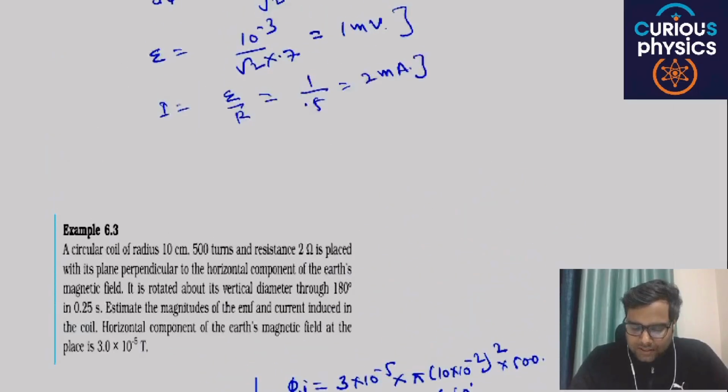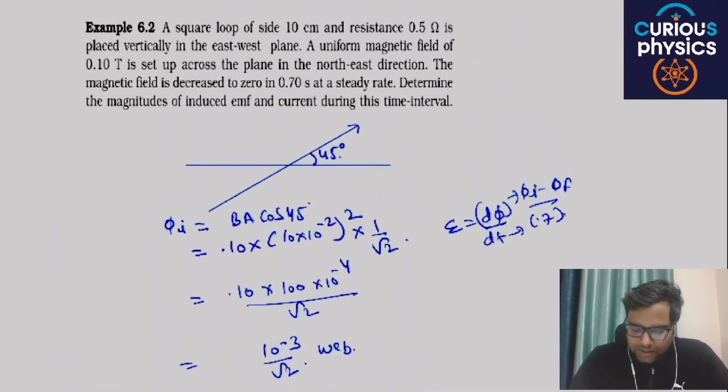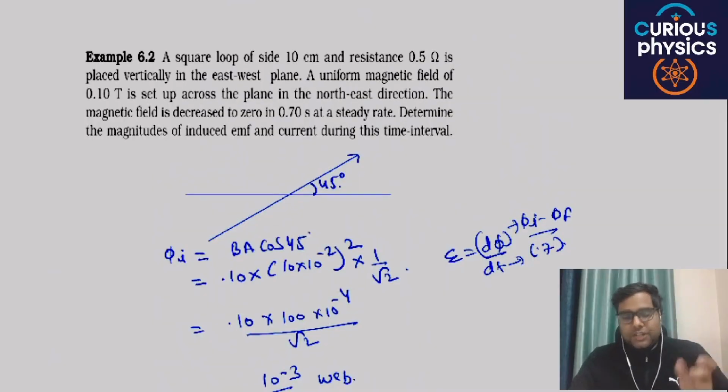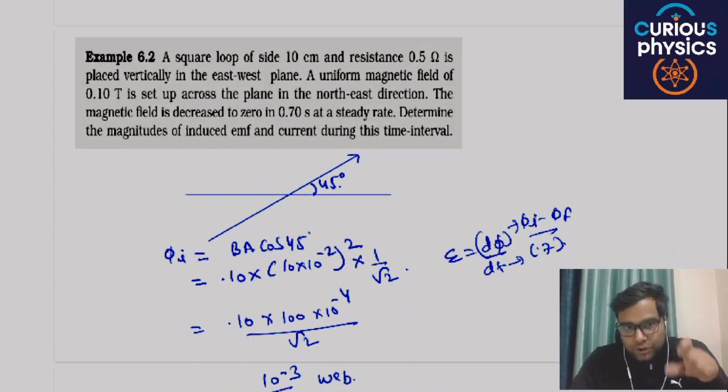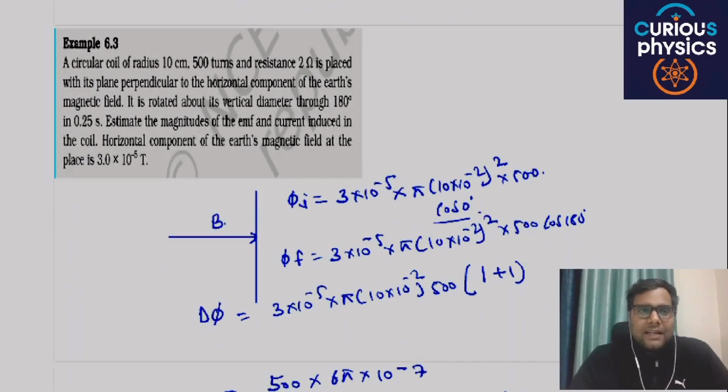In the first case, you can directly say there is a change in magnetic flux from maximum to 0 in a given time. In the second case, theta is changing from 0 to 180. That is responsible for the change in magnetic flux. Are you able to get this concept or not?